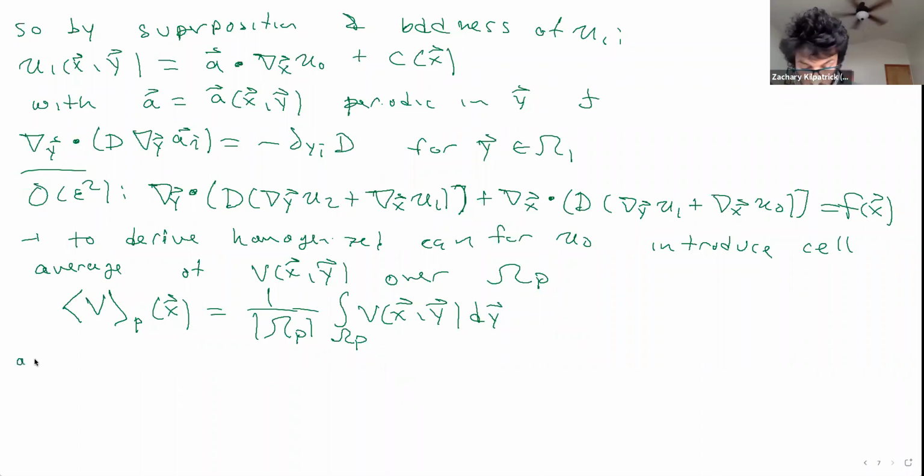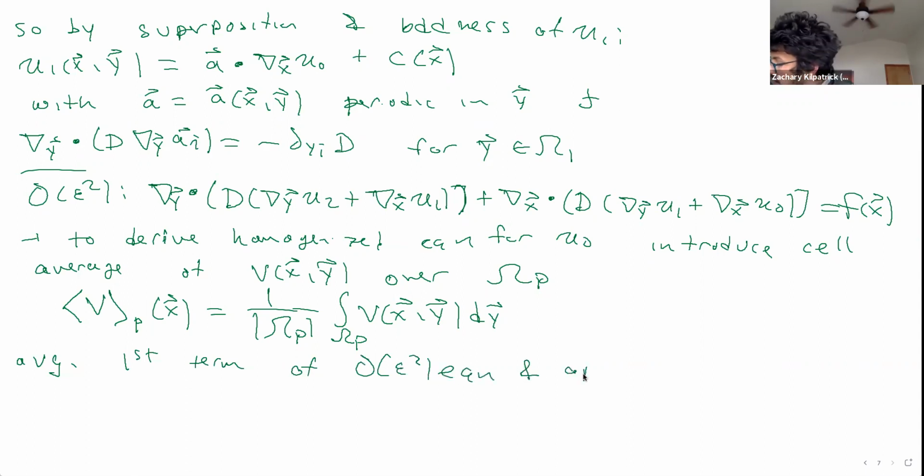All right. So we're going to average the first term of the order epsilon squared equation, and we're going to apply the divergence theorem.